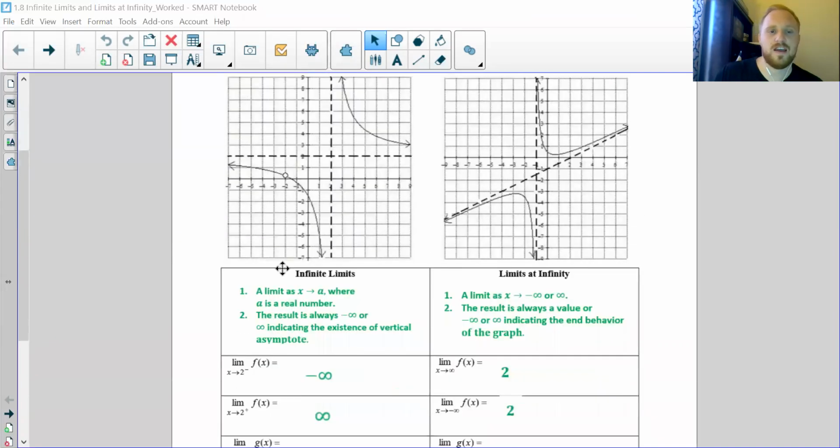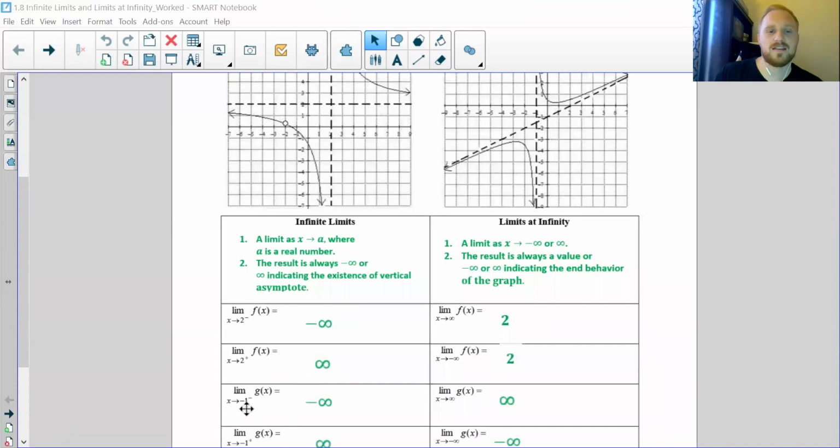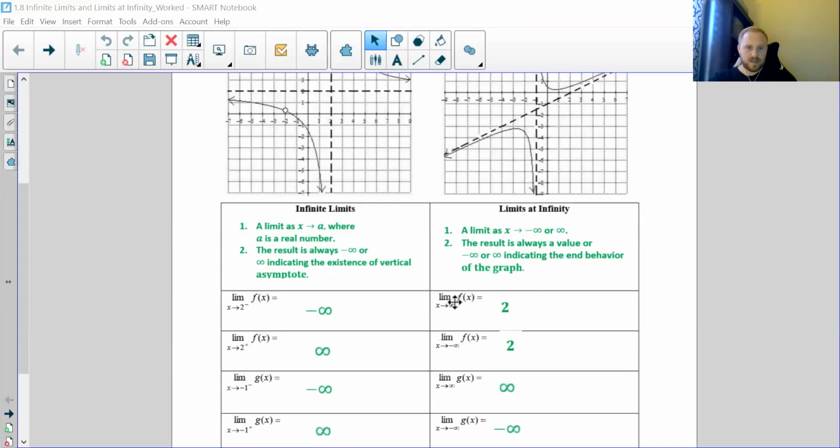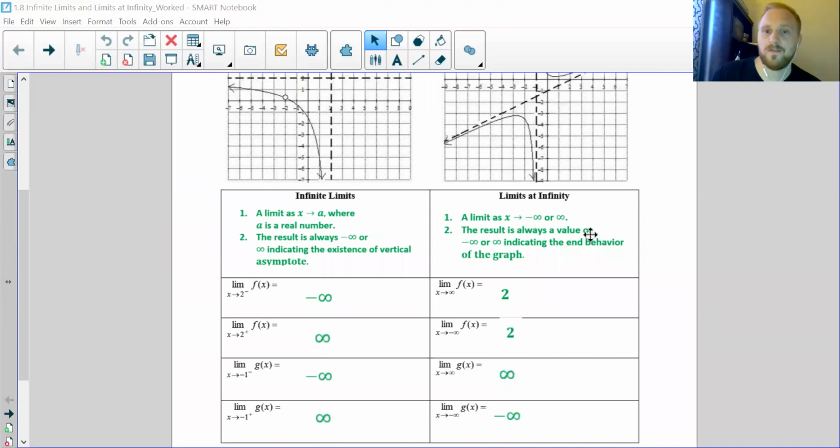You'll see these examples here. For instance, what's the limit as x approaches -1 for g of x? From the left it's going to negative infinity, and from the right it's going to positive infinity. Same with the limits at infinity here.